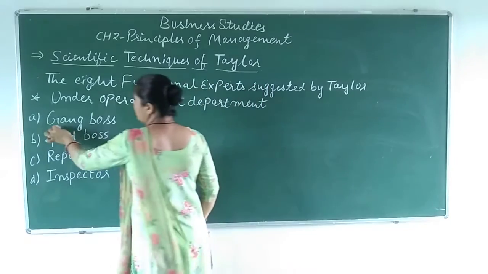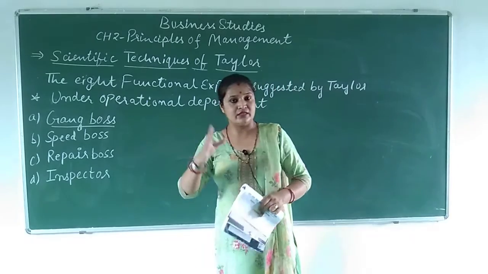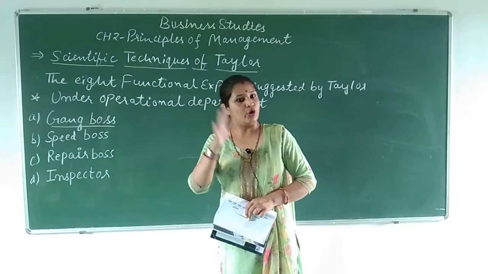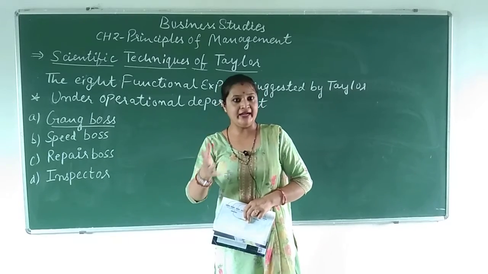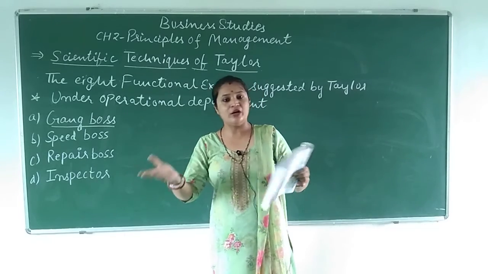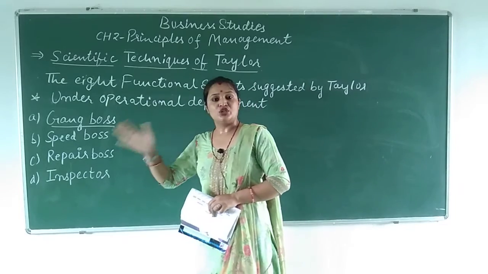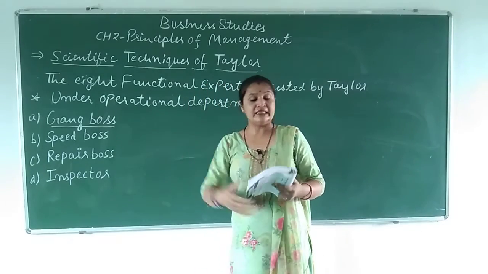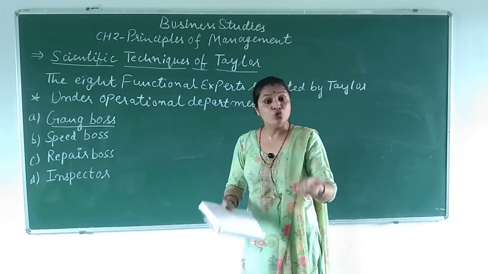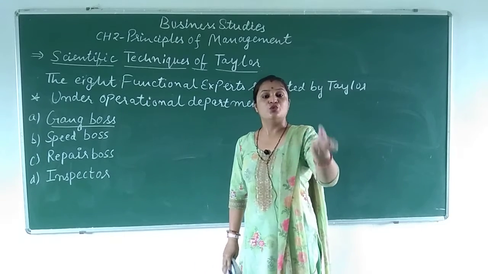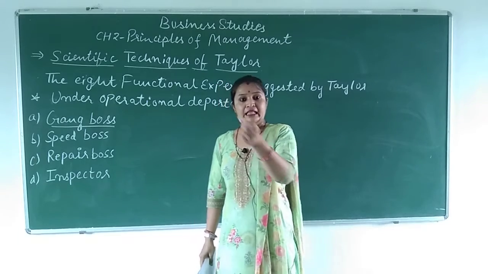Now what will this expert, the gang boss, do? Workers come in the morning to the factory for work, and after coming they will start their work. So before they come, this gang boss will see that all the machinery, all the tools, all the resources required for production in the factory are there.